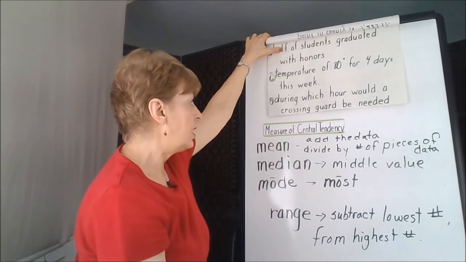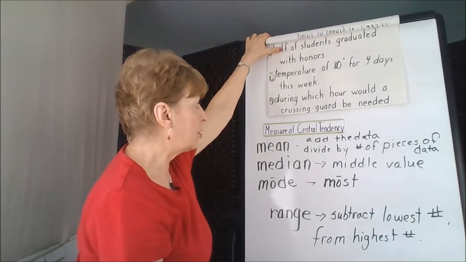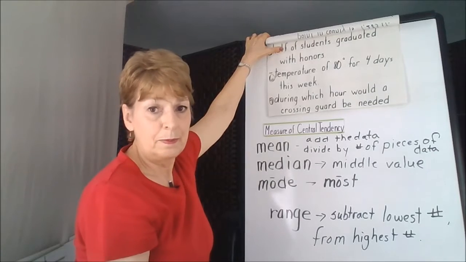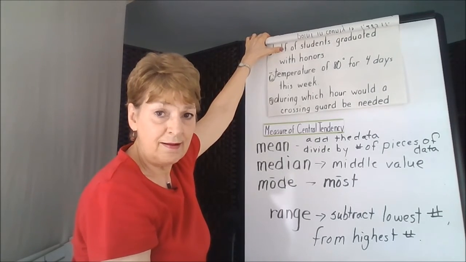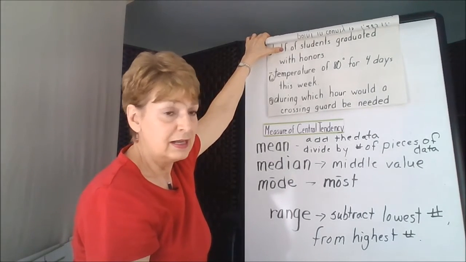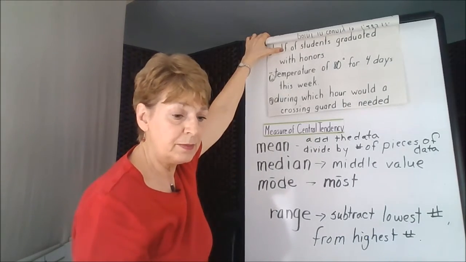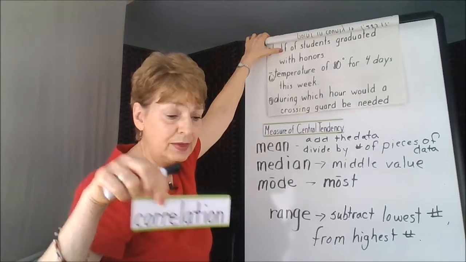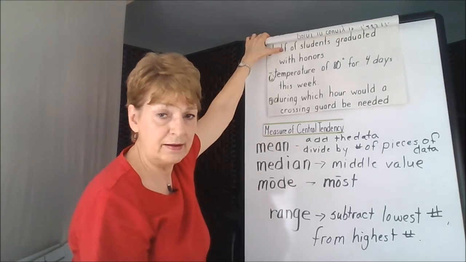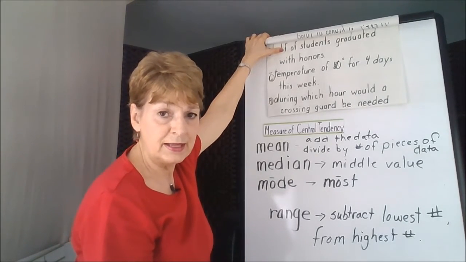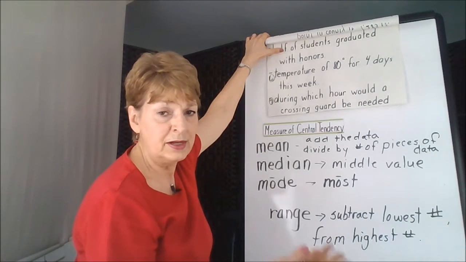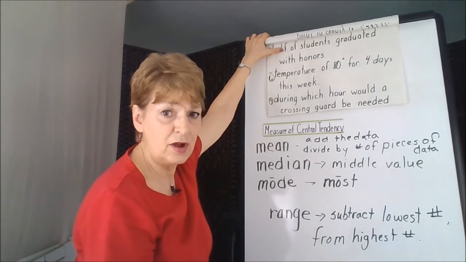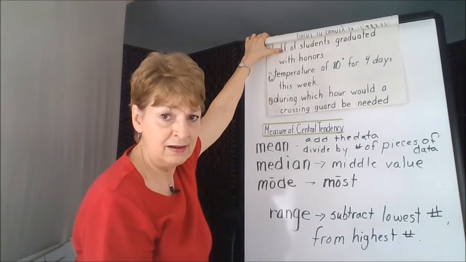Number 7, during which hour would a crossing guard be needed? Well, why would you need a crossing guard? What are they for? Here's where we put a relationship, or we're talking about the correlation of the data. Is there a crossing guard at school? When do you have that crossing guard stay outside all day?